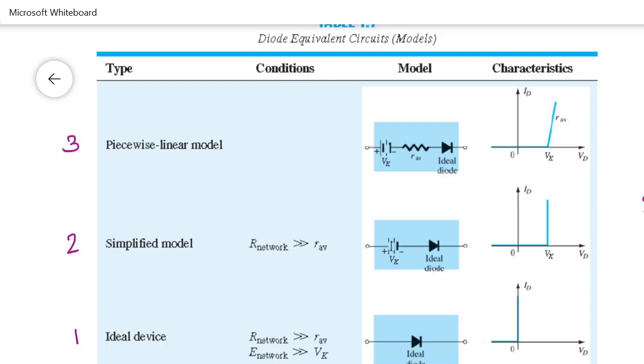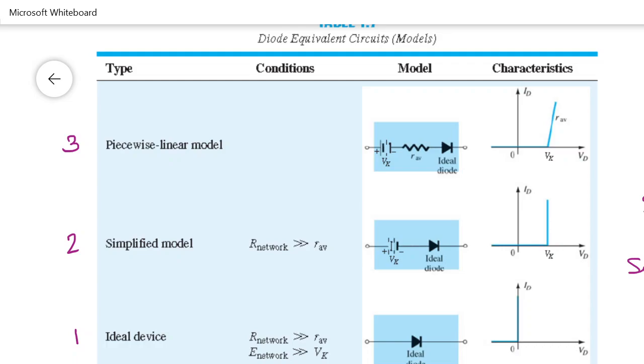In this situation, the E network is not that much larger than Vk, it is quite in the range of Vk probably, but the average AC resistance is quite small. Then you can apply this approximation. Let us keep the circuit as it is.